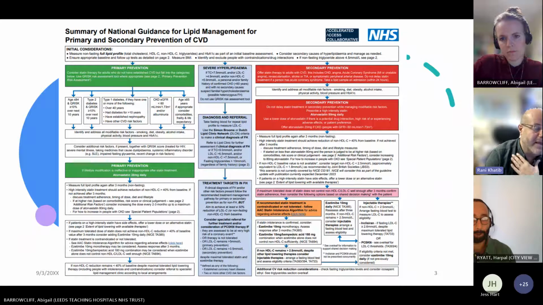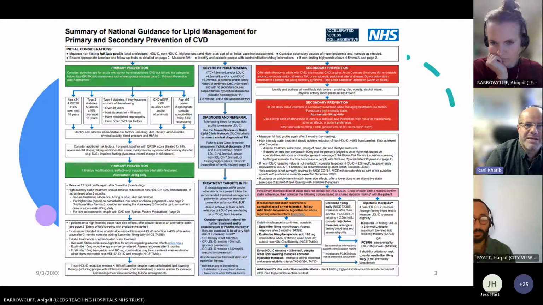It is quite busy, but the idea behind it is that you are able to identify all the different elements that are scattered within the different guidelines and technology appraisals in one single document. By no means do we expect you to read this document every time that you need to manage a patient, but you are highly advised to familiarize yourself with the different sections of this pathway.